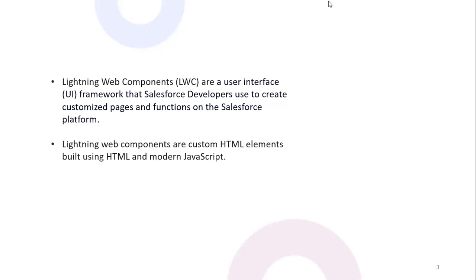Yes, you can design a user form and use that component on your community builder, and you can externally expose that particular URL, or you can create a community where the customer comes and fills in the form and you capture those details into your lead record, right?